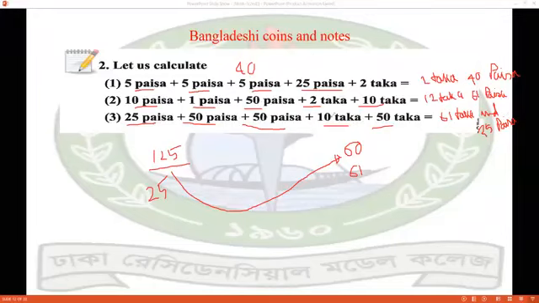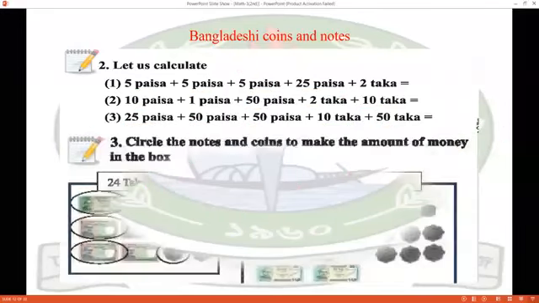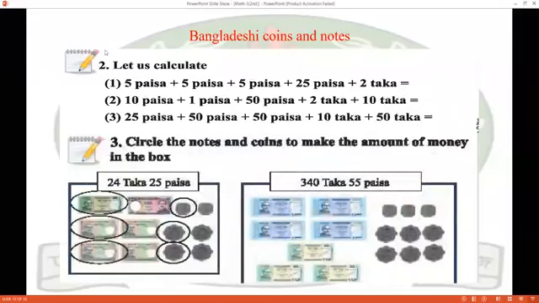In this way, we can solve paisa and taka amount problems. We can add paisa with paisa and taka with taka. There are some problems like that. You are given 24 taka and 25 paisa. In how many ways can you select it?